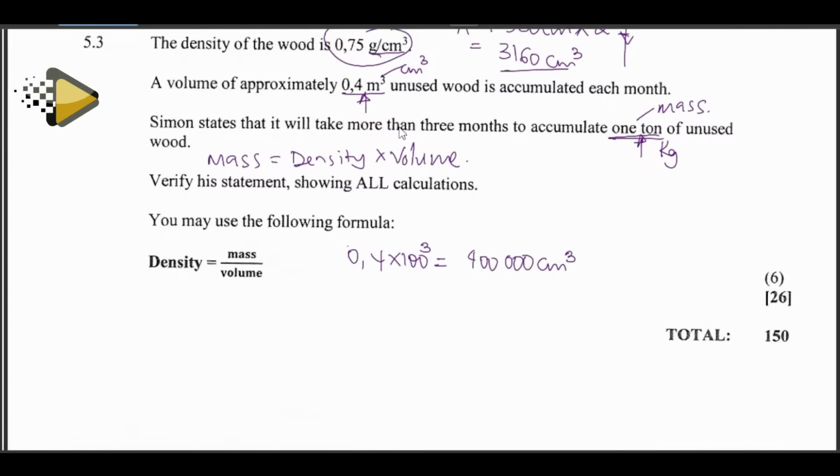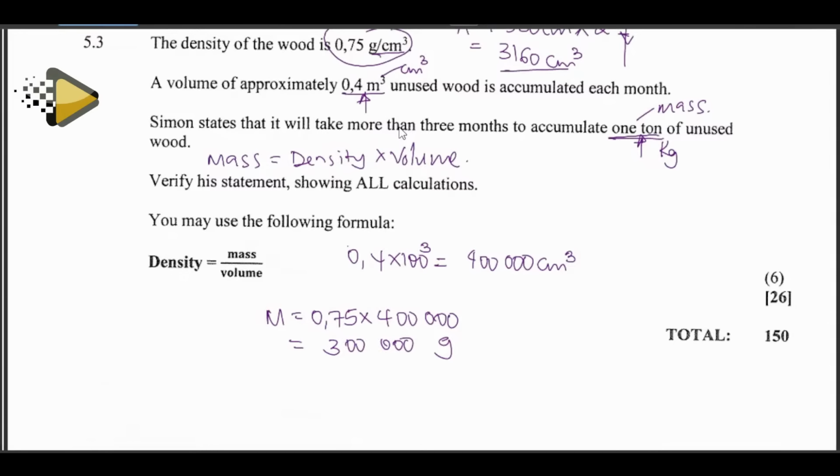Cubed. So mass is going to be the density, which is in grams, times the volume that we've just got now. And the answer we get will be in grams. So we shall take that times 0.75. So the answer here becomes 300.